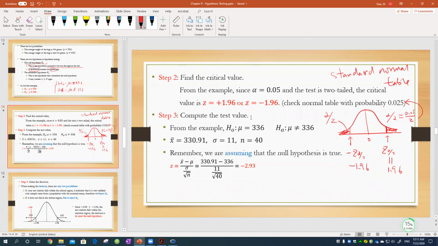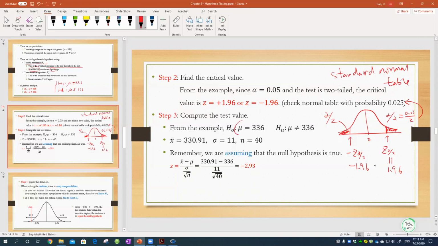So now we can compute the test value. So from the example, we know the null hypothesis, which is mu equals 336. The alternative hypothesis is mu does not equal 336. We also know x bar, which is 330.91, sigma equals 11, and n is 40, the sample size. Then when we assume the null hypothesis is true, then this mu equals what?